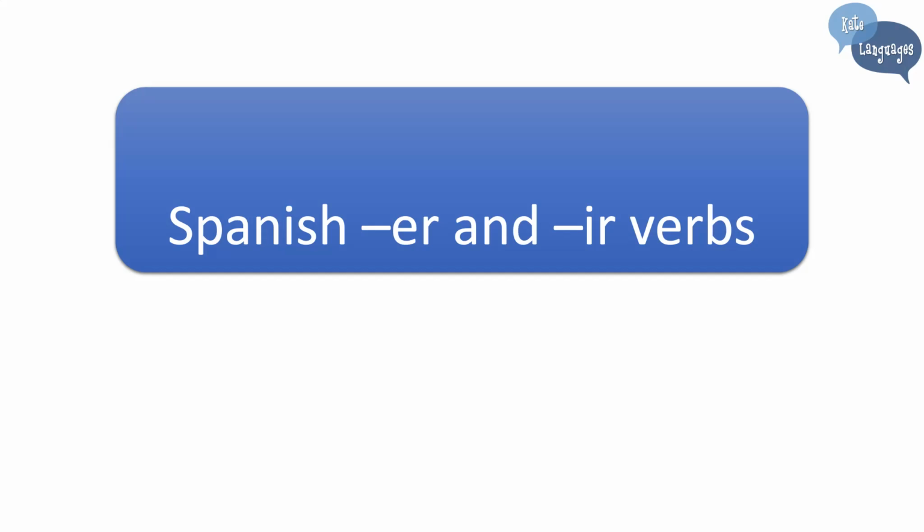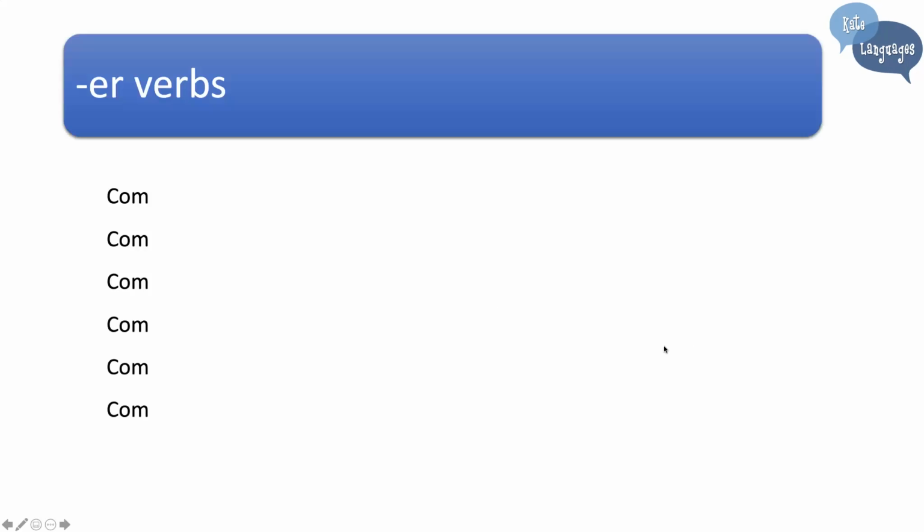If you haven't seen that lesson, I suggest you look at that one first. AR verbs are more common than ER and IR verbs. I was going to say more useful, but I don't know, they're all very useful. But yes, I already have a lesson on AR verbs if you want to go and have a look at that one as well. Okay, so ER verbs.